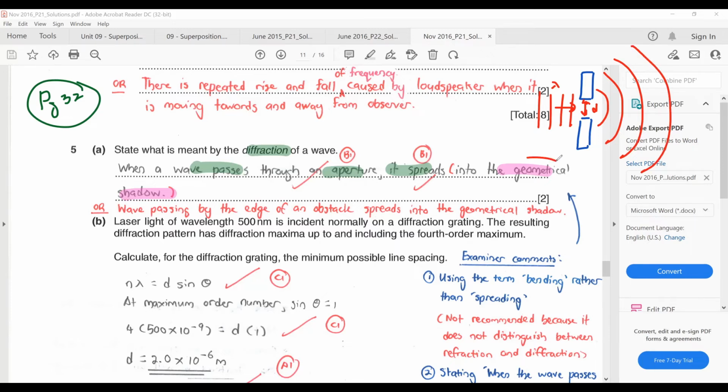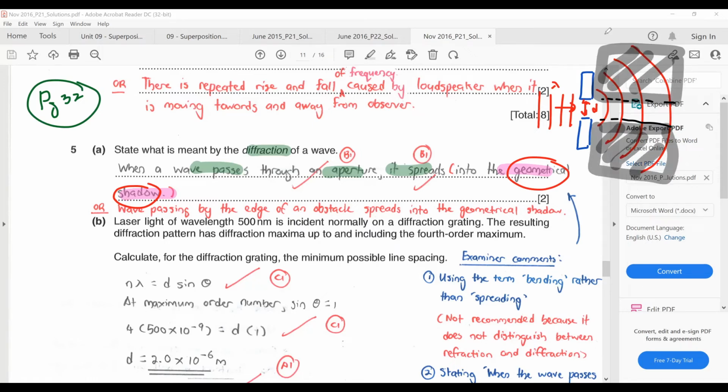Now, the part where they say it spreads into the geometrical shadow is actually this part and this part here, which is what we know as the geometrical shadow. You can think of it as just the shadow behind the slit, that's all. The geometrical shadow is actually these little black regions that I've indicated. It's kind of like the shadow behind the slit, right?